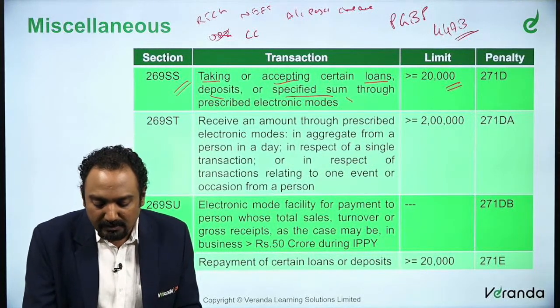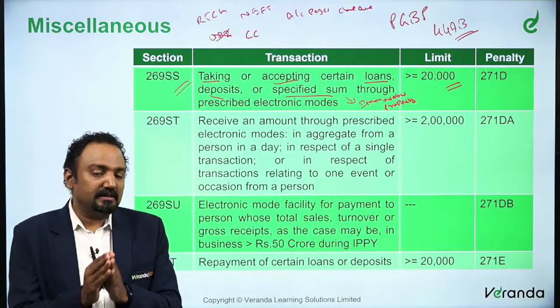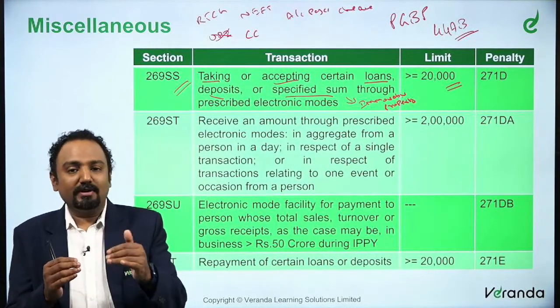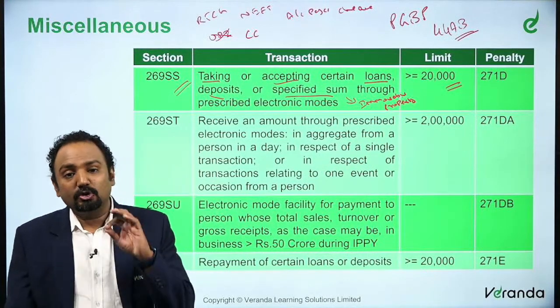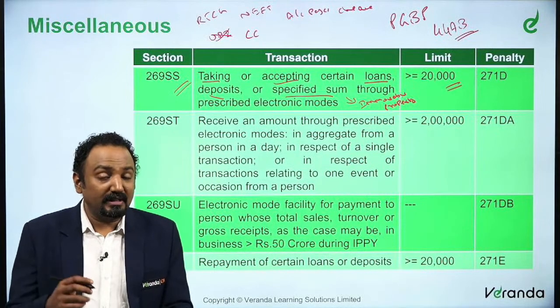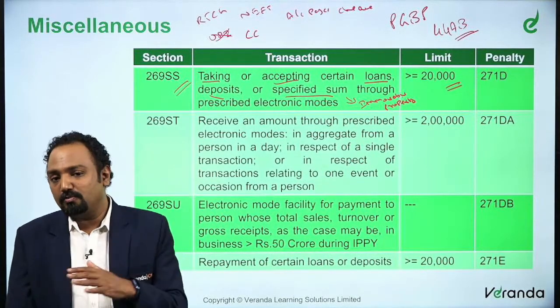So, whenever there is a transfer of immovable property, the amount against such transfer should be taken or accepted only through prescribed electronic modes when the payment is 20,000 or more.